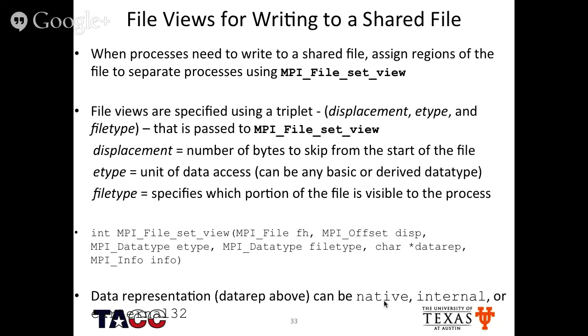If I'm sure that my MPI code is just for this particular architecture I'm running on forever, I'll just hardcode native. But as I told you, I'm such a paranoid. I'll either always pick internal or external 32, even though there are some slight overheads involved, because I just want my code to be portable across different MPI implementations. All MPI implementations, if they support external 32, I think they conform to that format. So you will not see any differences.